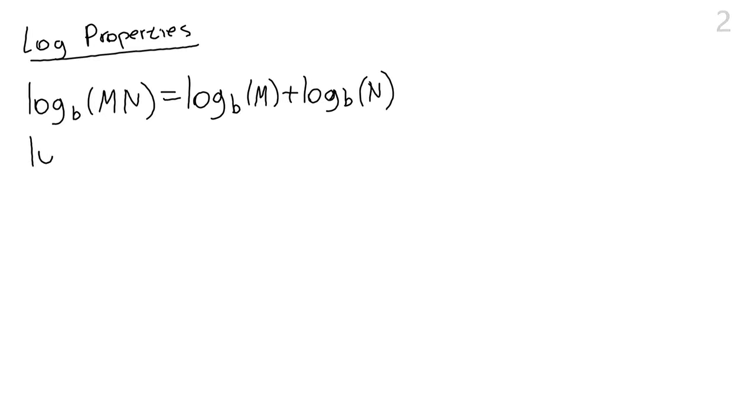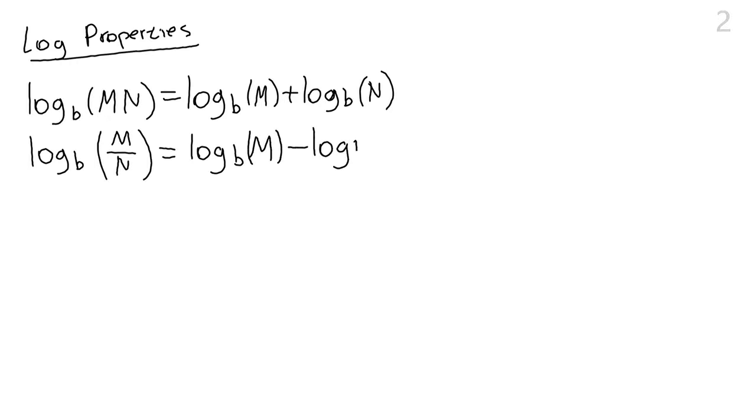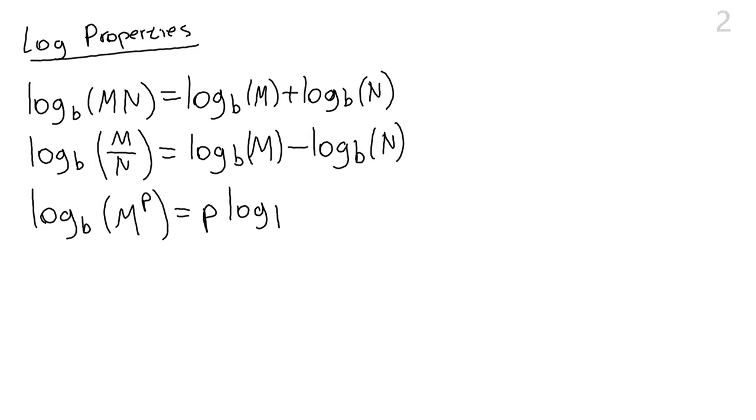They have the quotient property where a logarithm takes a quotient to a difference. And there's the power property of logarithms, that a logarithm of anything to the power p is going to be p times log of that something. So these are 3 other properties of logarithms: the multiplicative property, the division property, and the power property.